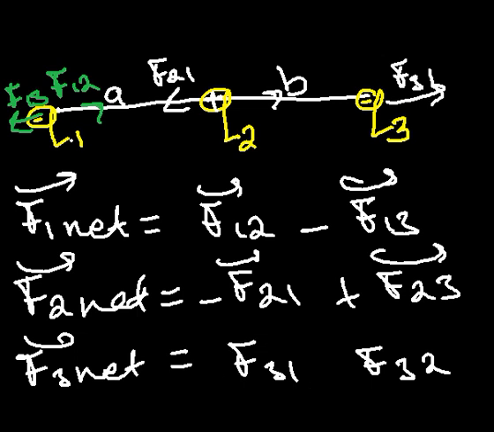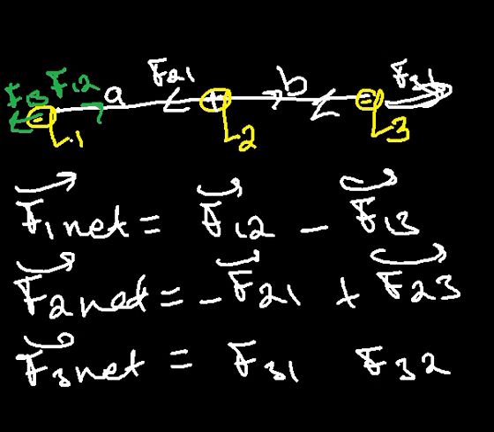How about F32? It is between charge 2 and charge 3, and the force has to be from charge 3. Looking at the charges, there is a positive charge as well as a negative charge. Will the force charge 3 experiences due to charge 2 be towards this direction or this direction?